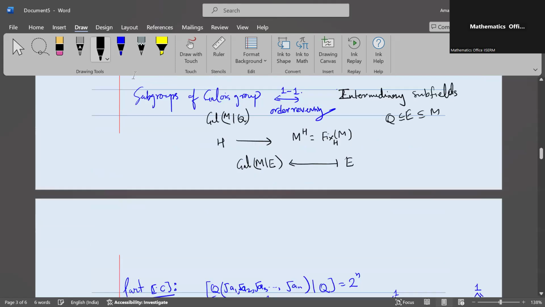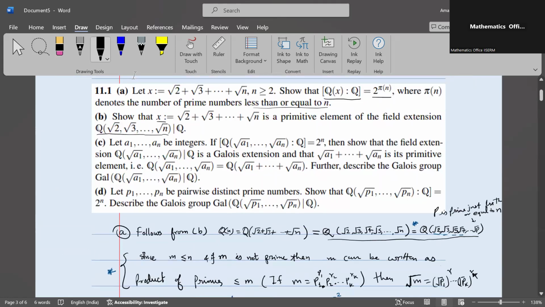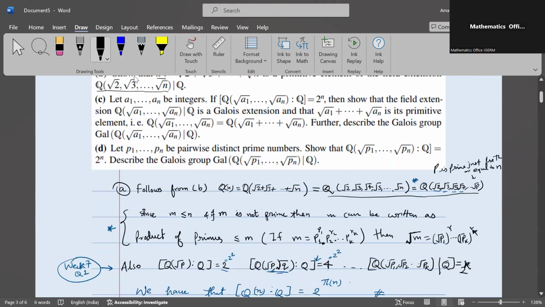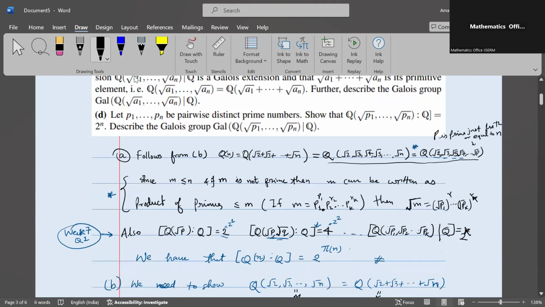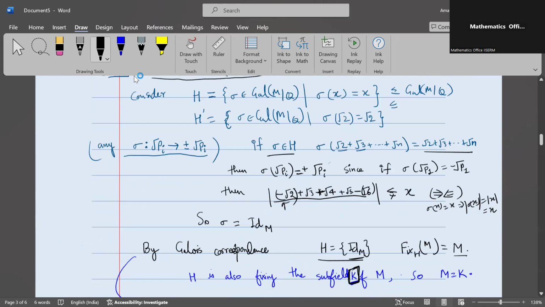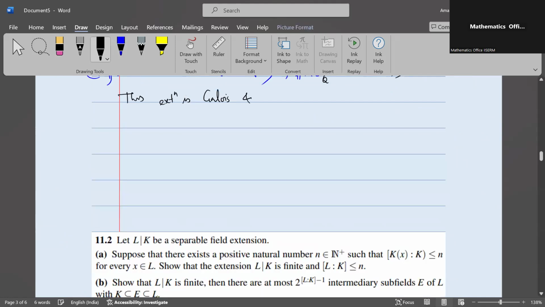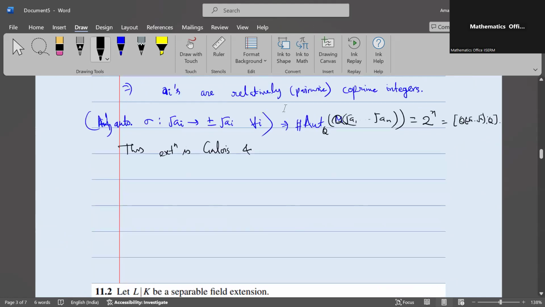And what else do we want to show? The primitive element is the sum of these individual elements. Further describe the group. All of them are clear; we already did them in part A and part B. So I'm just directly writing what these are.